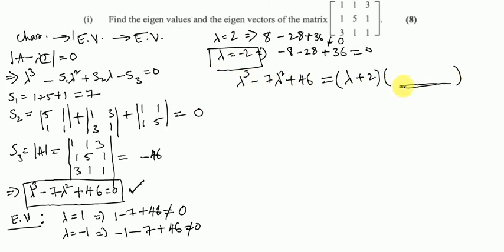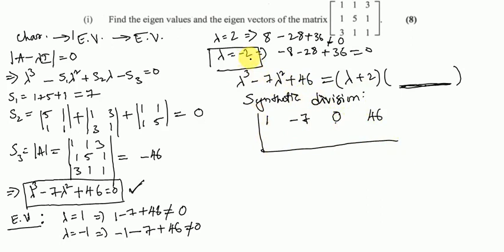To find this factor, we need to use the synthetic division method, like below. First we consider the coefficients of lambda: 1, minus 7, and the lambda term here is 0, so we consider the lambda term as 0, and the constant plus 46, and take the root lambda equals minus 2.